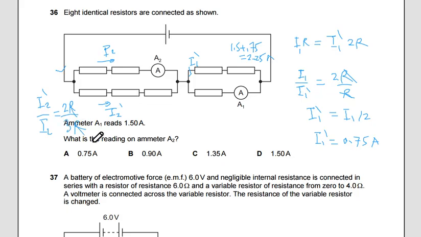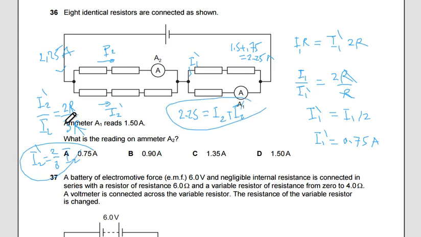Okay, and I2 dash would be equal to 2 over 3 I2. Okay, I2 dash and I2, both of them equal to, as we said, 2.25 ampere.